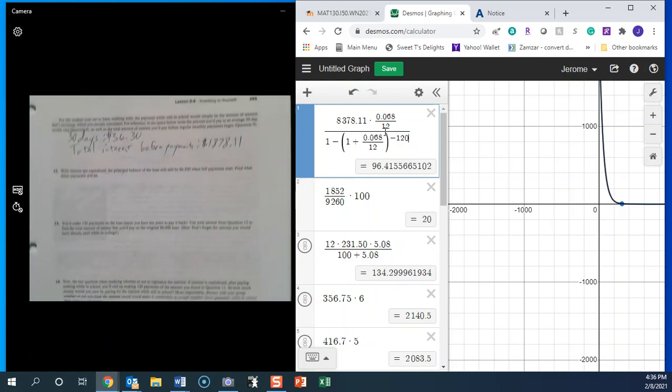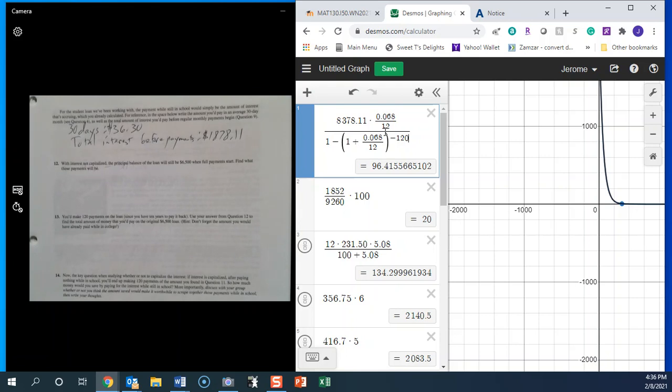Okay, number 12. With interest not capitalized, the principal balance of the loan would still be $6,500 when full payments start. Find what those payments will be.